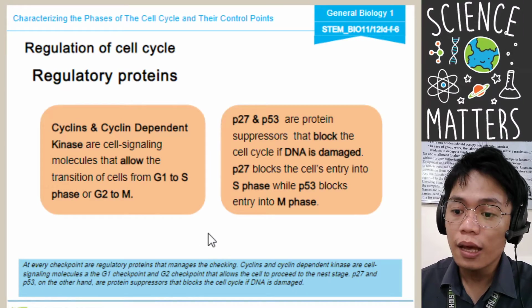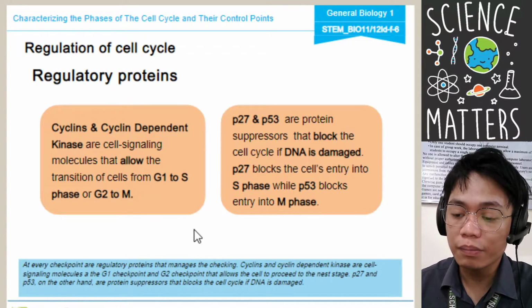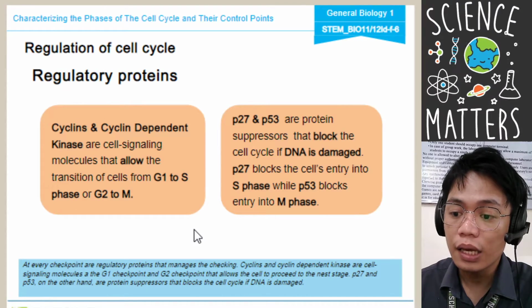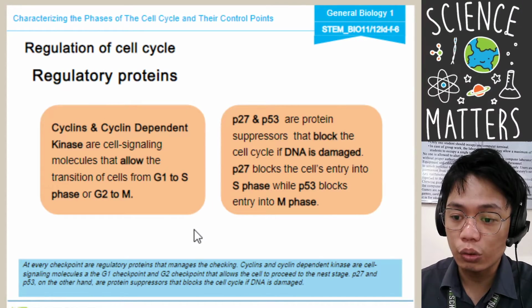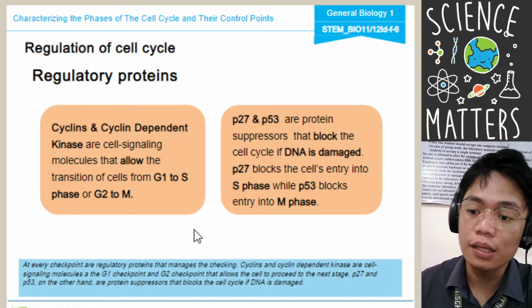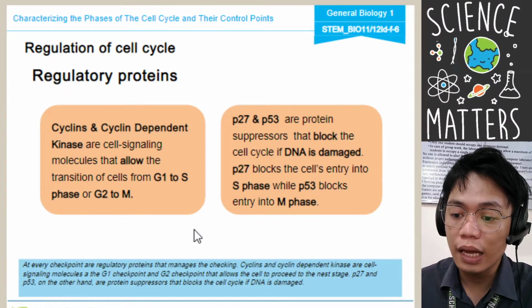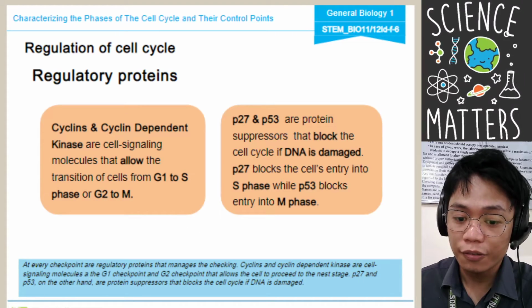Okay, then P27 and P53 are protein suppressors that block the cell cycle if DNA is damaged. P27 blocks the cell entry into the S phase and P53 blocks the entry into the M phase.